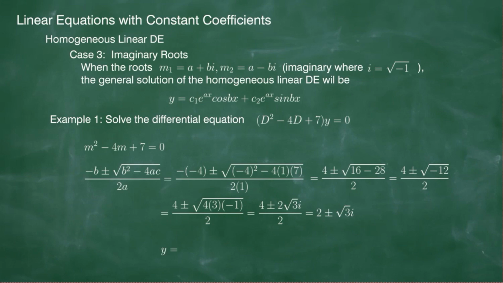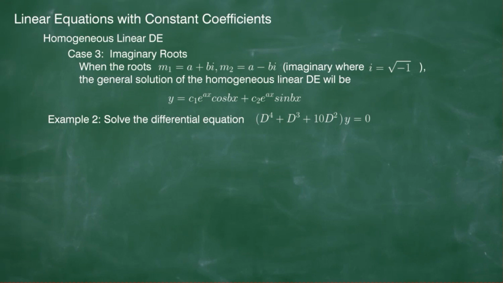And the general solution is y equals c sub 1 times e to the 2x times cosine of root 3 times x plus c sub 2 times e to the 2x times sine of root 3 times x.